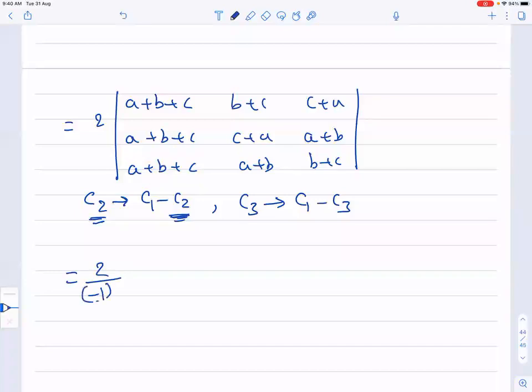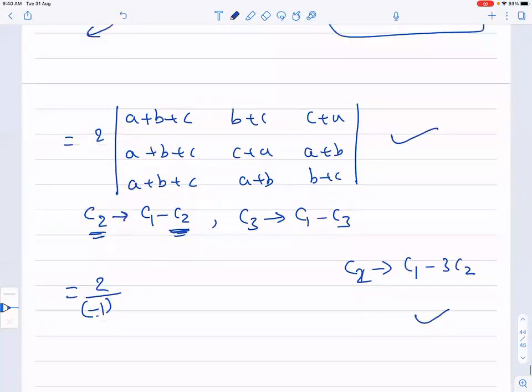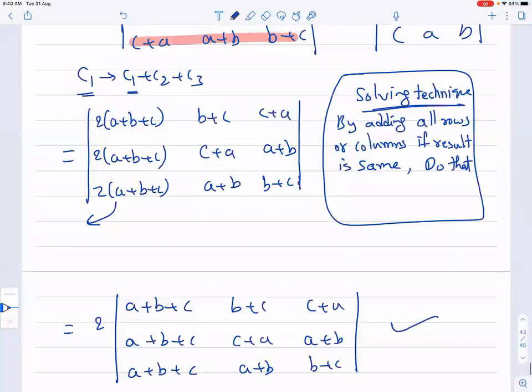Remember, you can also write C2 goes to C1 minus 3C2, but whatever coefficient comes with the minus, you have to divide by it. Otherwise the step here and the step you are writing here are not going to be equal. But if the coefficient is 1, no worries, write the step, no problem. Is it clear, students?